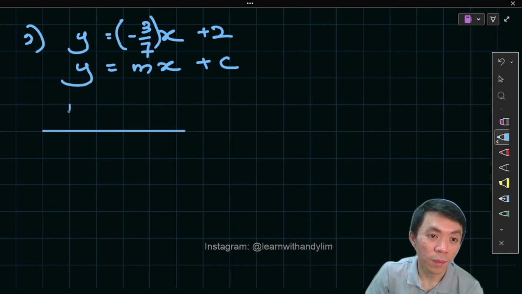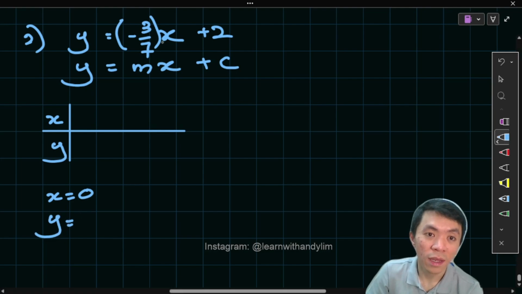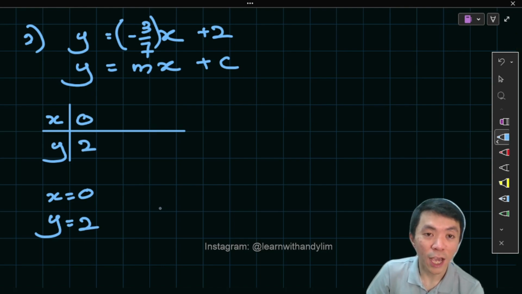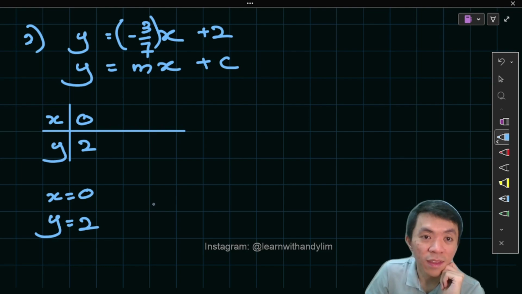Let us get started here. I'm just going to draw a table, x and y. I'm going to choose a really nice x value. For example, my x is 0, my y will be 2. This is my first point. For the second point, let's choose a good one. Let's choose when my x is 7.